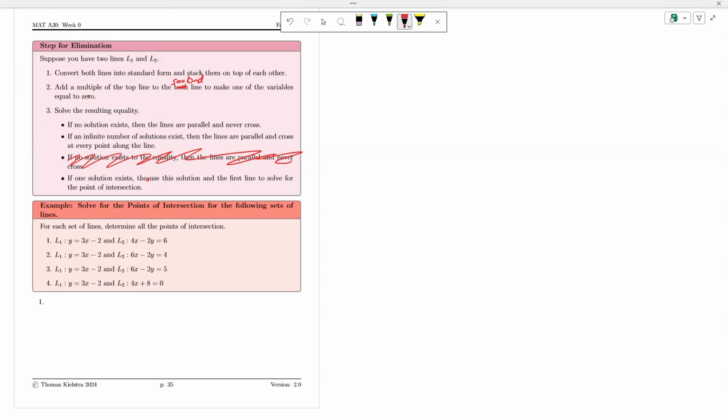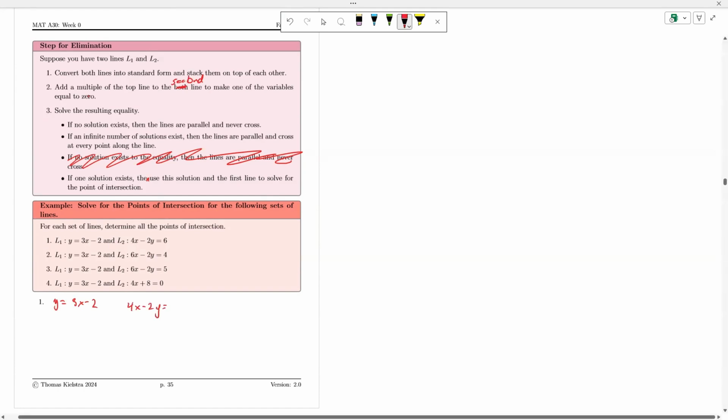So we have our two lines, y equals 3x minus 2 and 4x minus 2y minus 6 equals 0. Converting the first into standard form gives us 3x plus y plus 2 equals 0.